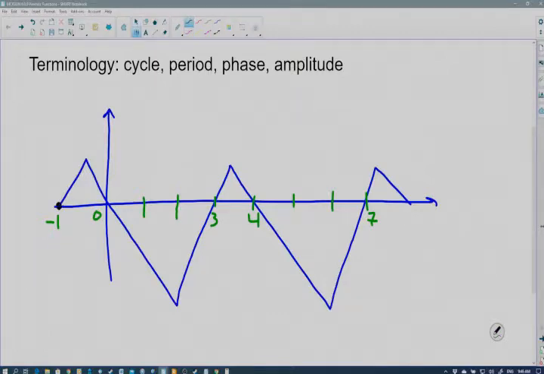If we start at the starting point of this graph, where along the x-axis does the graph start repeating the pattern again? What you're looking for is another point that is in the exact same state as the point that was just highlighted. So that point would be right here.